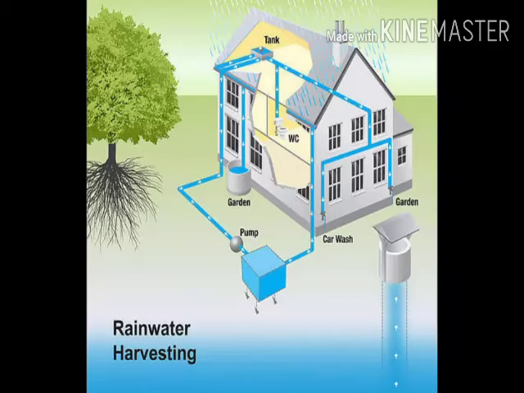Rainwater harvesting is the process of collecting rainwater from rooftops and directing it to an appropriate location where it is stored for future use.